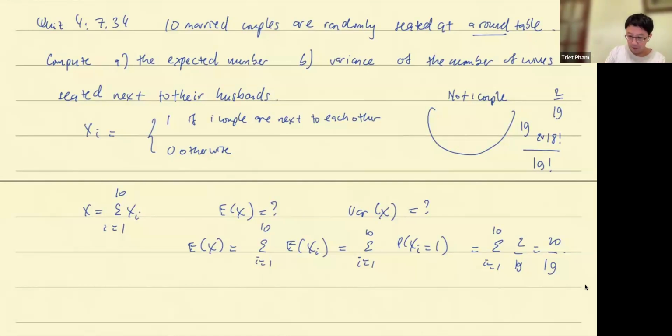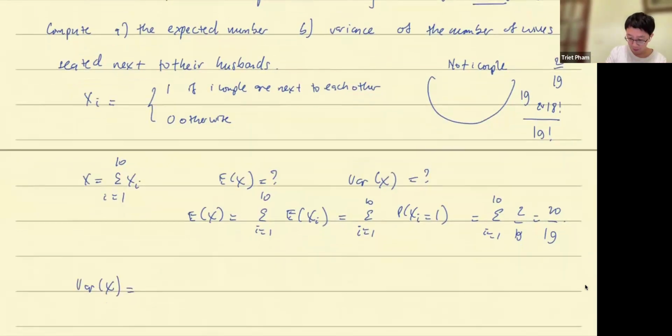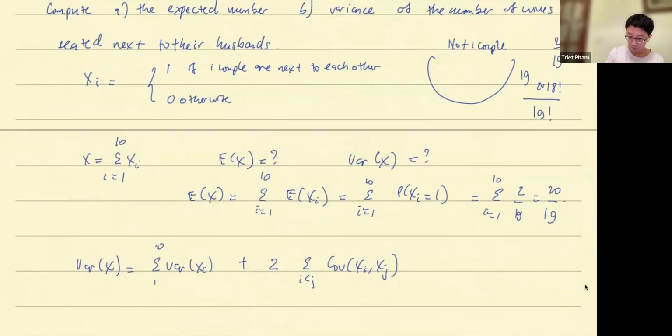All right, so for the variance, it's really just about the variance-covariance formula, which is the sum of the variances plus 2 times the sum over i less than j of the covariance of xi and xj. And hopefully it's easy by now that the variance of a Bernoulli is p(1 minus p).